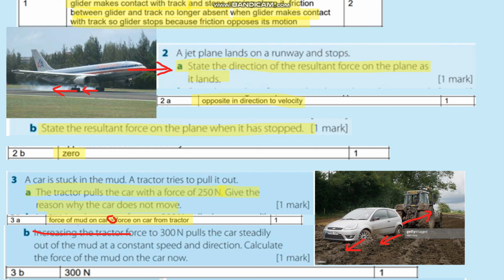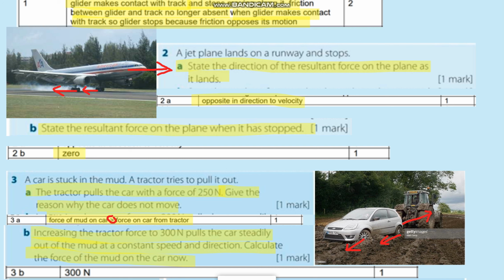Increasing the tractor force to 300 newtons pulls the car steadily out of the mud at a constant speed and direction. Calculate the force of the mud on the car now. Well, there's not really a calculation to be done here.